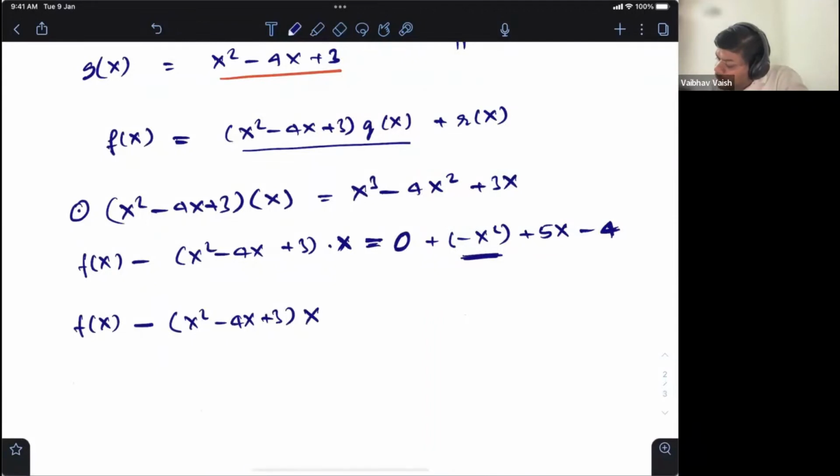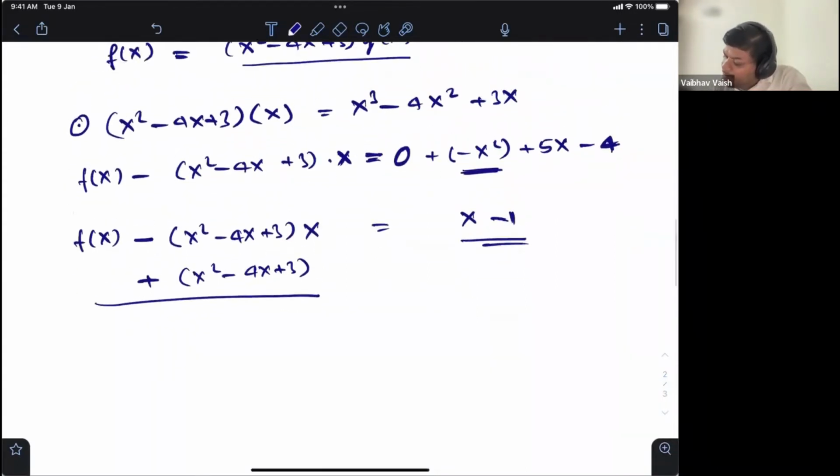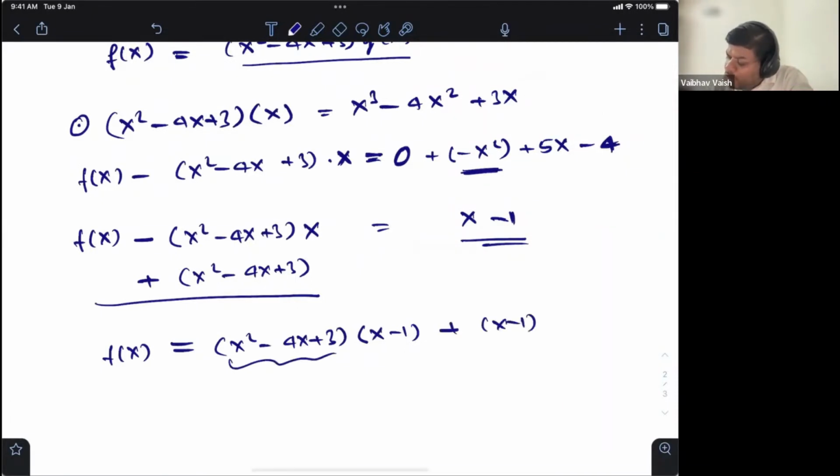This is fine. And then what I do is I look at this x square minus 4x plus 3, so when I add, what I'll get is x minus 1. Okay. This is what I get. And this basically tells us that f(x) equals (x square minus 4x plus 3) into (x minus 1) plus x minus 1.